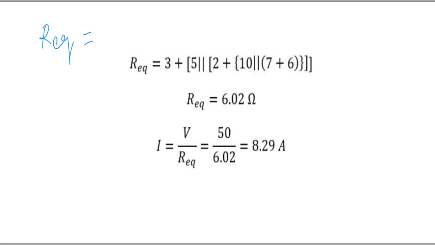R equivalent you can write like this: 7 in series with 6, parallel with 10, in series with 2, parallel with 5, in series with 3. So you will get R equivalent 6.02. If you put all the values in this equation, you will get current 8.29 ampere.